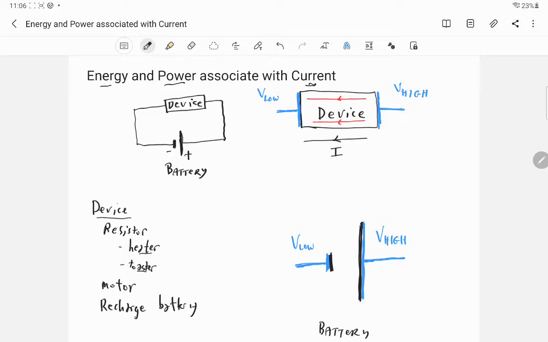This is the high potential side of the battery. And the other side of the battery is the lower potential side. And what a battery does is it maintains the potential difference. It maintains a specific value is the idea.